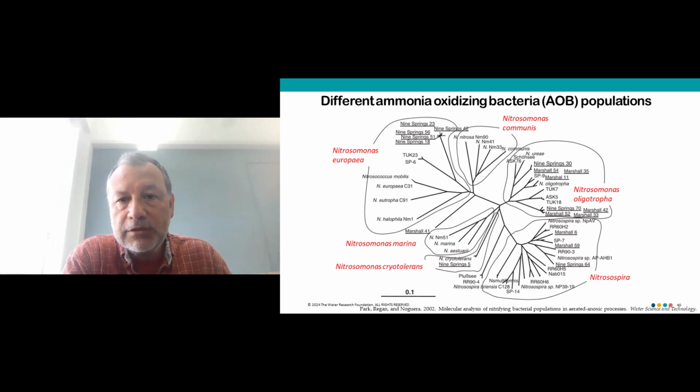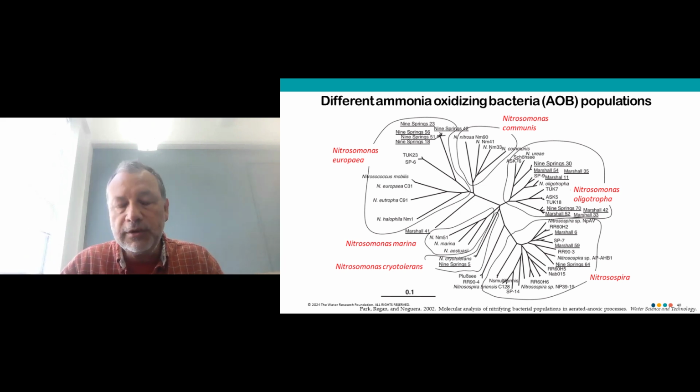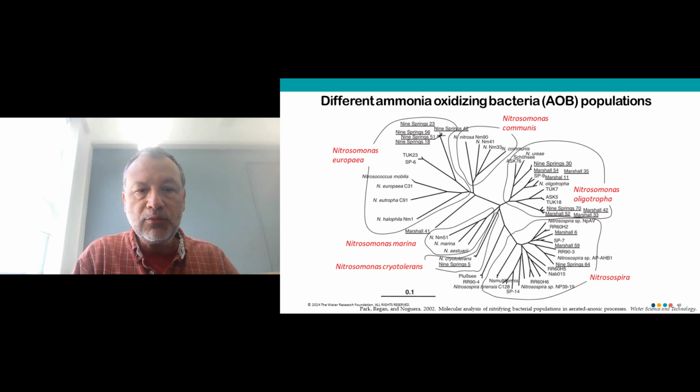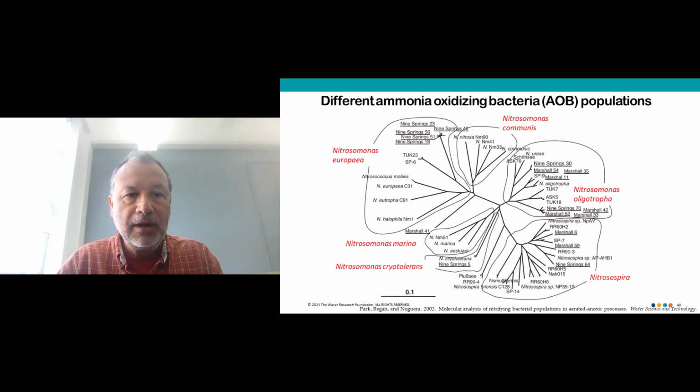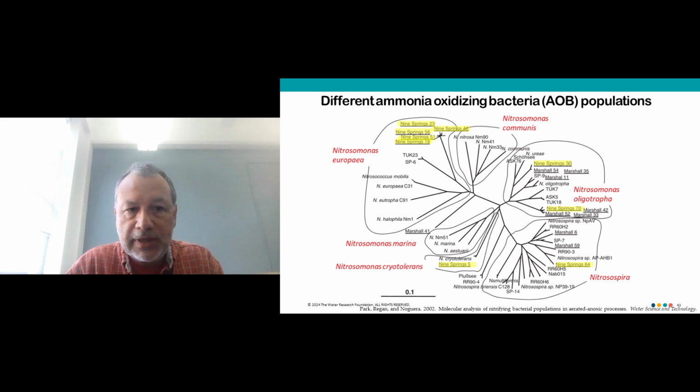So we took samples from both and we did cloning, just looking at the 16S rRNA gene of these ammonia oxidizing bacteria, and then you get the tree of all the different organisms that might be identified in there. So I'm going to color code the ones that we found from the treatment plant operating at high oxygen, the ones labeled as 9 Springs there, where most of the cluster was within the traditional Nitrosomonas europaea organism.